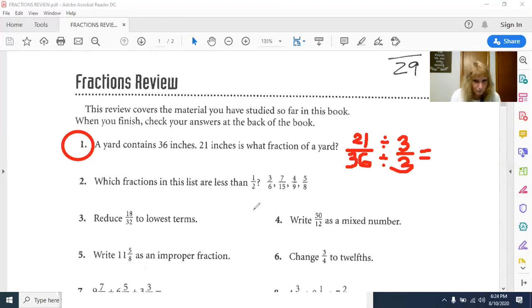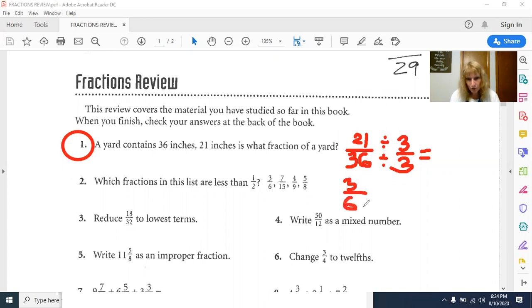Number 2, which fractions in this list are less than half? For this kind, you're going to look at the denominator. Let's take a look. Well, we know that half isn't less than half, and you didn't circle that one. But let's take a look at 3/6. 3 is our numerator, 6 is our denominator.